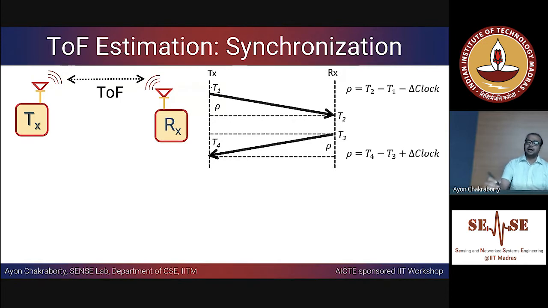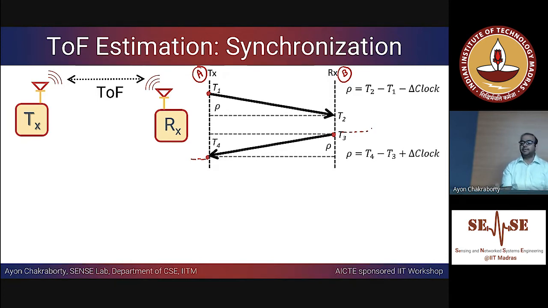Instead of sending one packet from the transmitter, let's call it A, and the receiver is B in this case, now B becomes the transmitter and sends a packet at time instant T3, which is received by A at time instant T4. In this case also rho is equal to T4 minus T3. This is time T4, this is time T3. So T4 minus T3 gives me rho, but there is a clock drift.